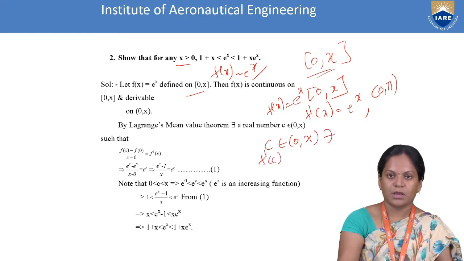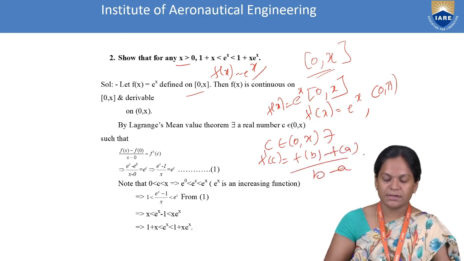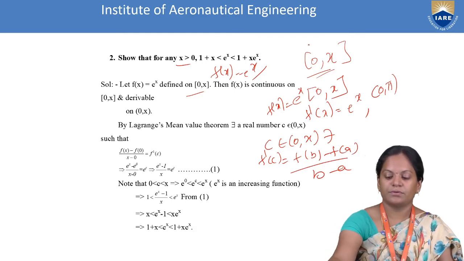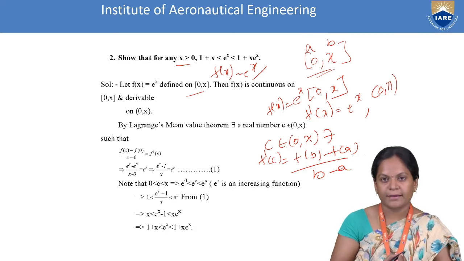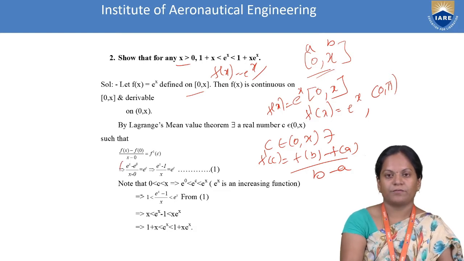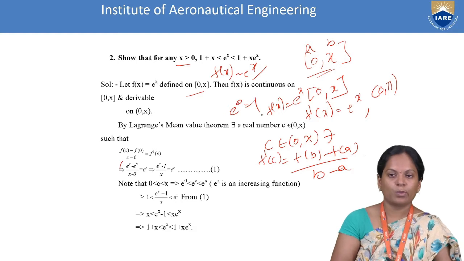f dash of c equals f of b minus f of a by b minus a. This is the condition. So what are a and b here? a equal to 0, b equal to x. First take f dash of c. f of x is nothing but e power x, f of 0 is e power 0, and we already know e power 0 value is 1.